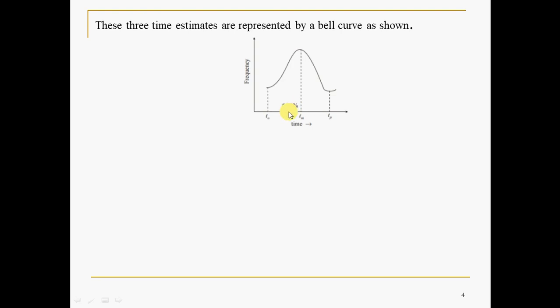If you conduct a trial, or repeat the same activity 100 times under the same conditions, 66 times it will happen in the most likely time. And the remaining 17 and 17, that is, out of 34 if we divide, 17 plus 17, 34 times, it may happen in the optimistic time or pessimistic time.